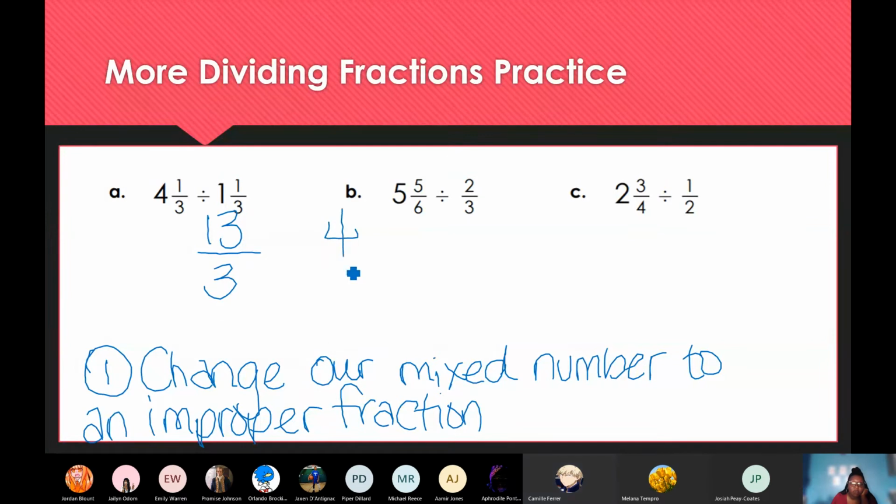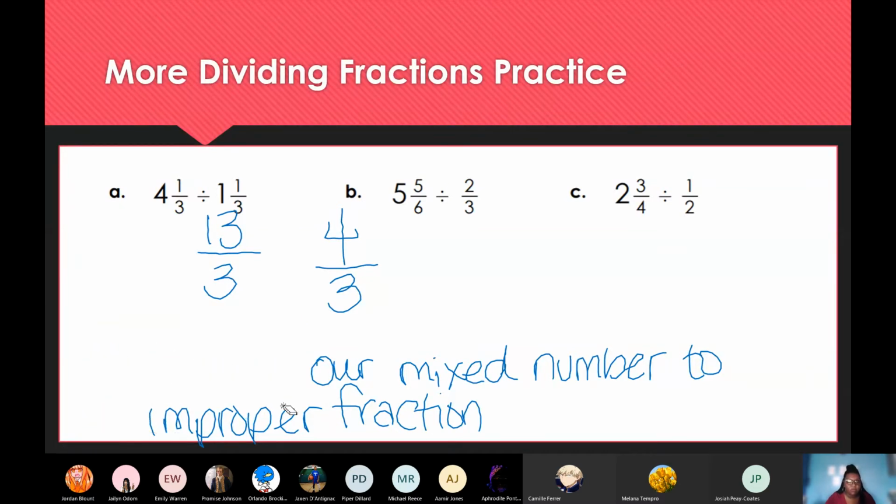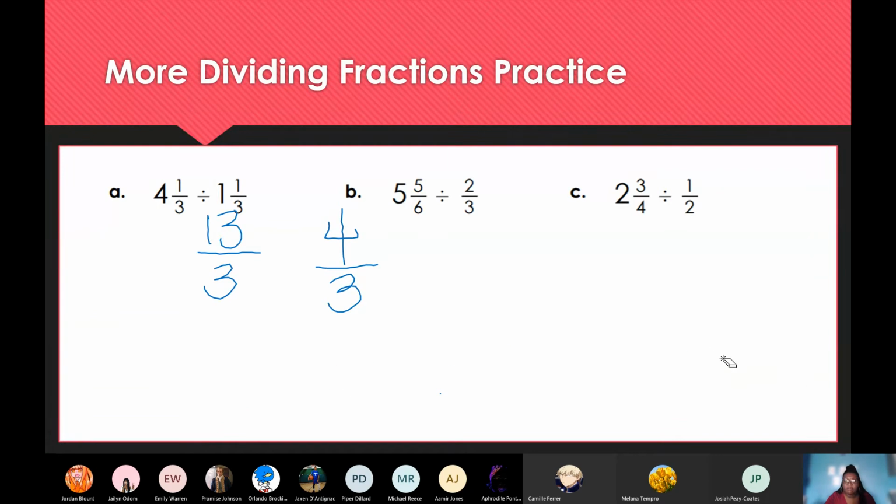So 4 is our new numerator, and we bring that 3 here as our denominator. So now we've done step 1. We change our mixed numbers to improper fractions.